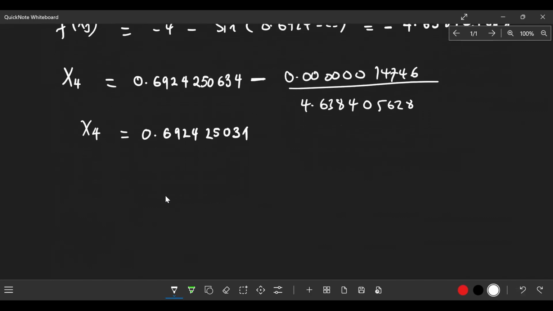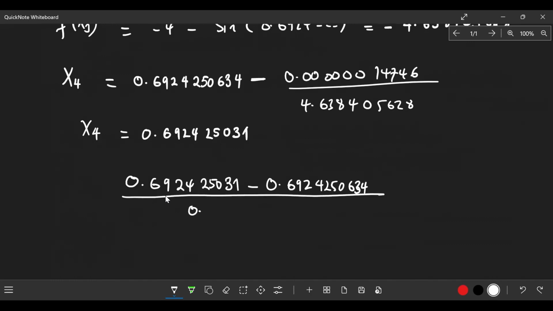So now let's apply the present value minus the previous value. The difference between them is almost 0, so we've converged. The present, 0.692425031, minus the previous, 0.692425034, please start subtracting fast here, and then divide by 0.692425031.